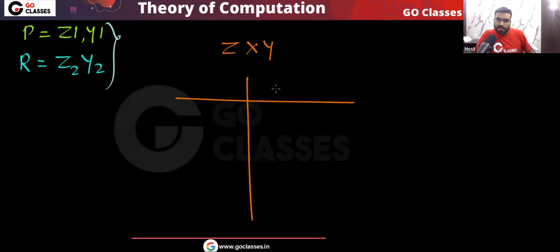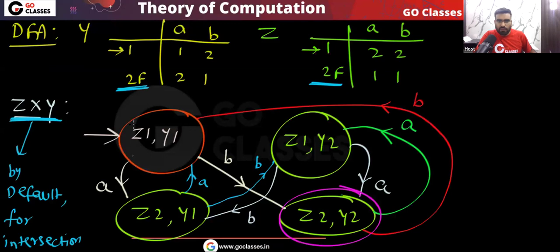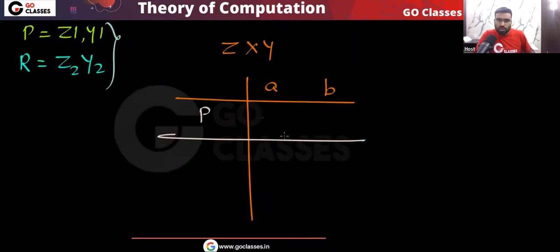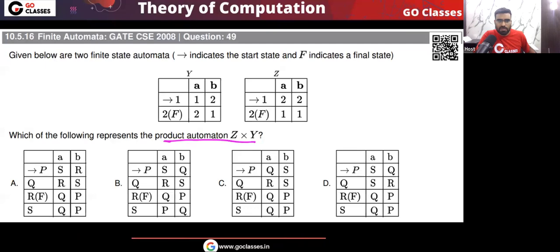Now you create this Z cross Y automata. This automata will be like this. These are the symbols A, B. The initial state is Z1, Y1. From the initial state, on A, where are we going? From this Z1, Y1, on symbol A, we are going to Z2, Y1.